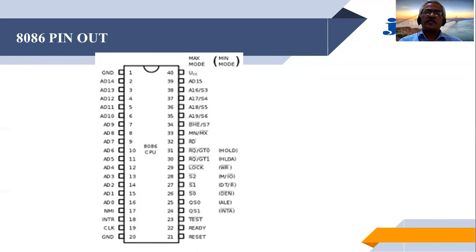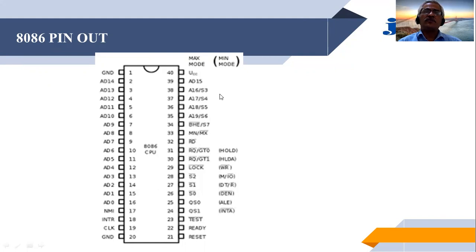And when it comes to the addresses, as can be seen in the diagram, the addresses are AD0 to AD15 and then A16 to A19. But the important thing to notice here is that all the pins are multiplexed. They have dual functions: these pins are used to carry the address as well as the data.